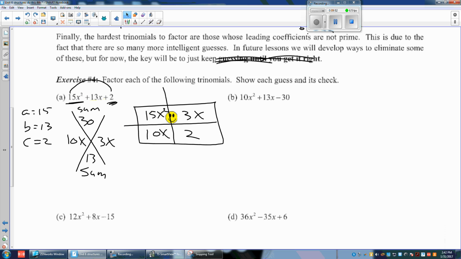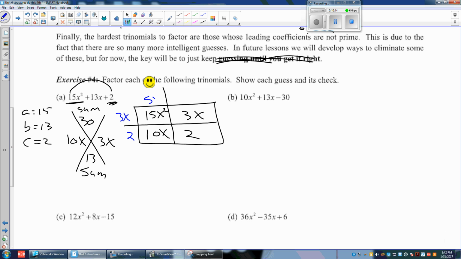So what goes into 15 and 3? 3. What goes into x squared and x? X. So that is 3x. What goes into 10 and 2? It's just 2. 3x times what is 15x squared?